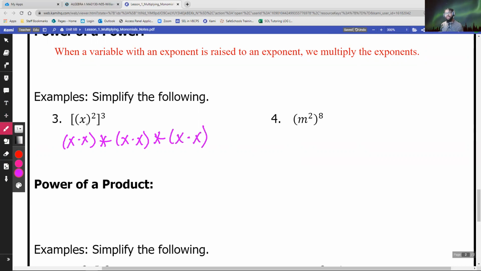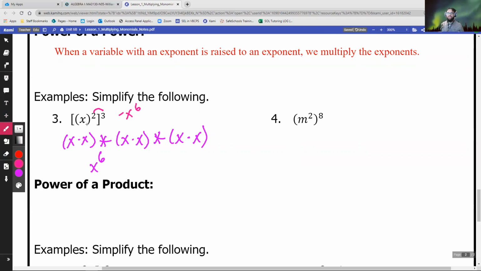And then how many total x's do we have? We've got 6. 1, 2, 3, 4, 5, 6. X to the 6. Or what we could do is just multiply these two together. 2 times 3, since this x squared is being raised to a power. So we just multiply the 2 times the 3, and that's what we end up getting when we do it that way, x to the 6.